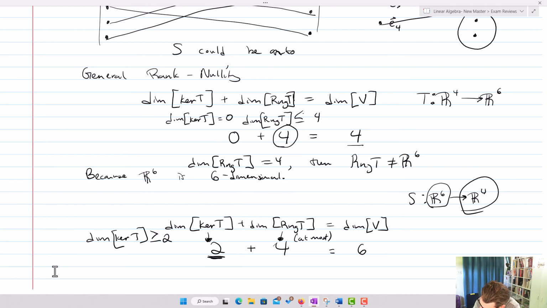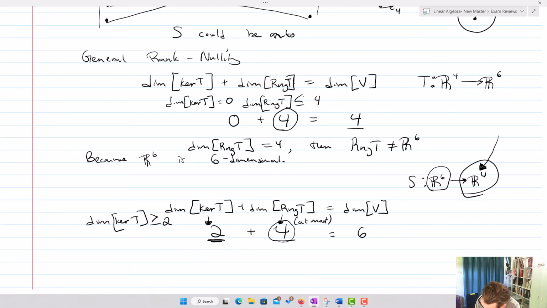That's because the range is in the codomain, and since the range is in the codomain, it can only be at most the entirety of the codomain. It can't be any more than that, right? It fills the space or nothing, okay? So at most it's 4, and that means the kernel of T has to be greater than or equal to 2.